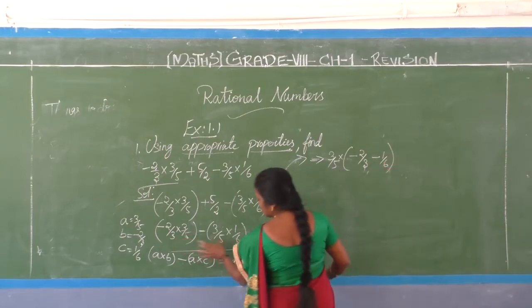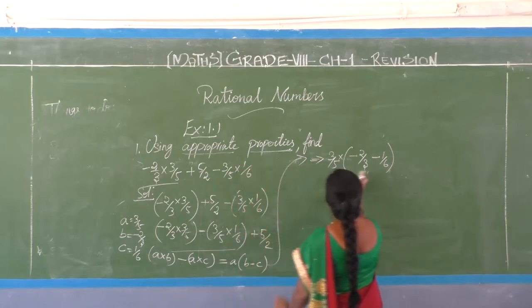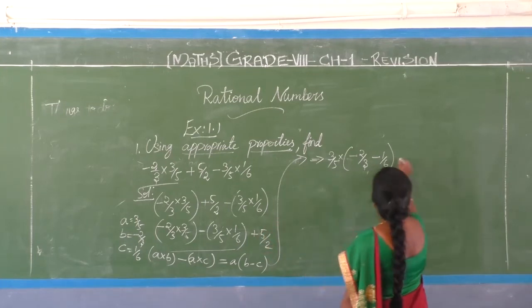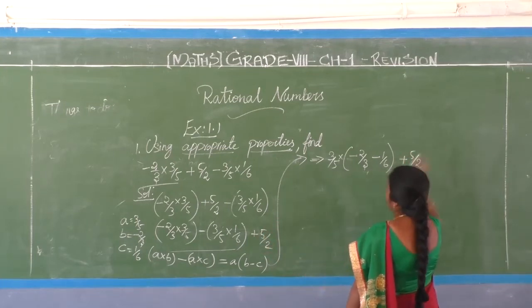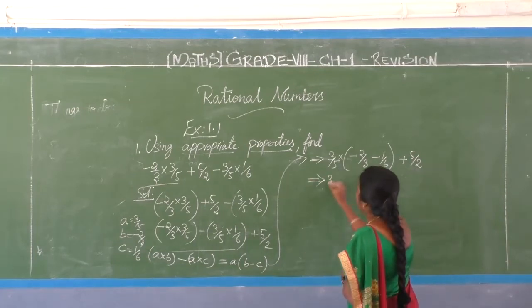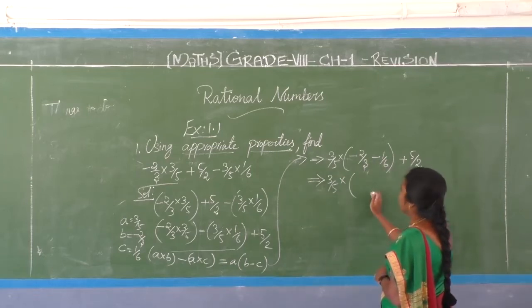See, the first two groups using the distributive formula I have simplified in this way. The third part is plus 5 by 2, as I have taken. Now simplify.